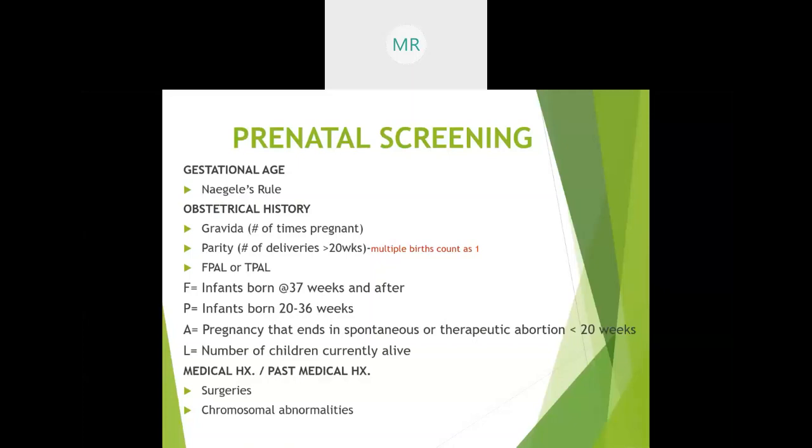But if she had a miscarriage at 19 weeks, that will obviously be considered under abortion. Any pregnancy that ends spontaneously, or she went and had an abortion, and it's less than 20 weeks, goes under A. And then L is the number of children that are currently alive.